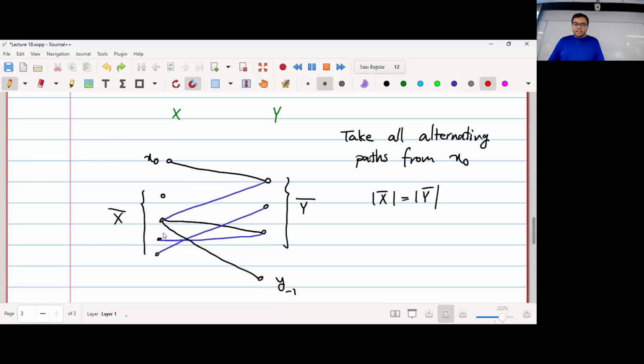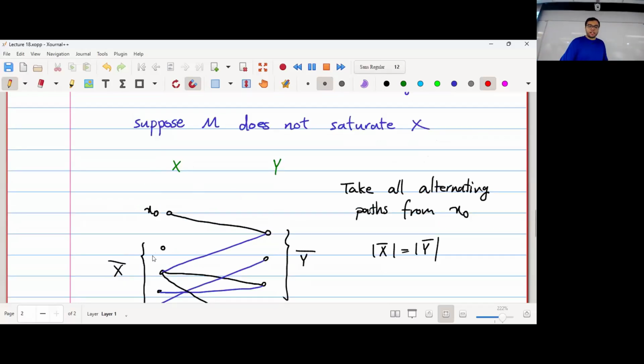So I cannot have that either, which means that I cannot have this vertex at all, which is a contradiction. So my maximum matching has to cover all of X. Great. So we have an easy way of checking if a bipartite graph has a maximum matching that covers all of X, basically.